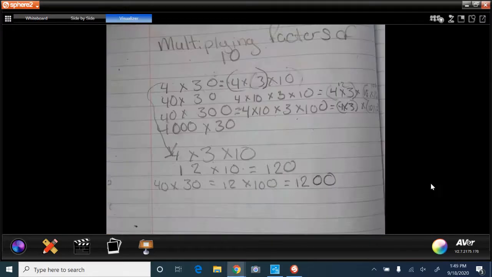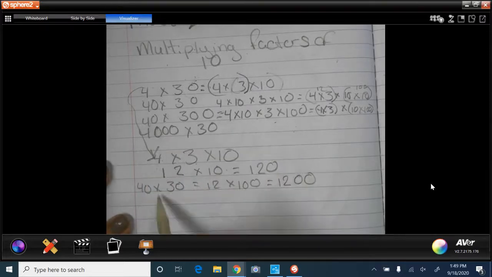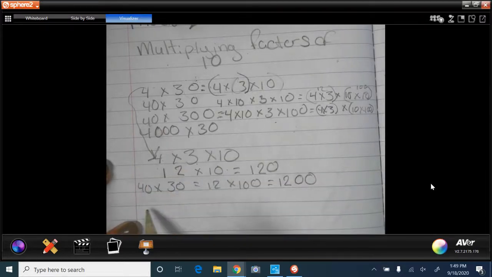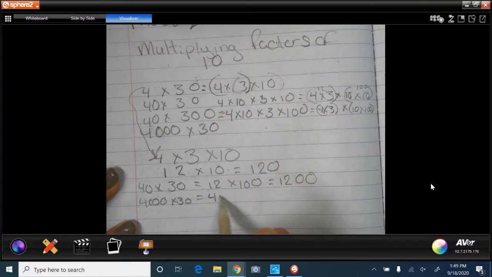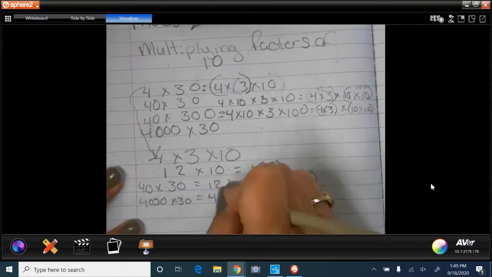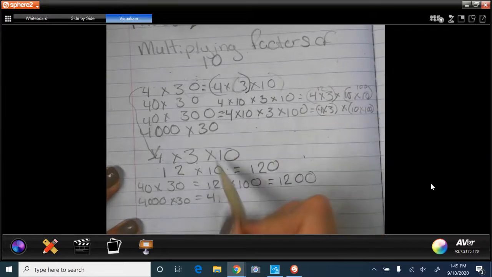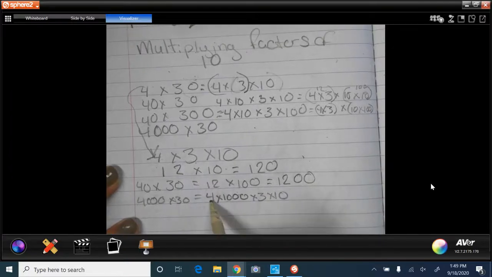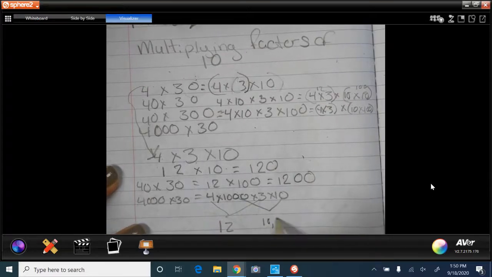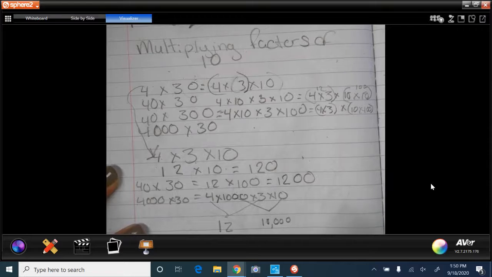So once again, on the 4,000 times 30, I have 4 times 1,000 times 3 times 10, and I can rearrange it to the ones that work for me. 4 times 3 is 12. 1,000 times 10 is 10,000. So my answer becomes 12,000.